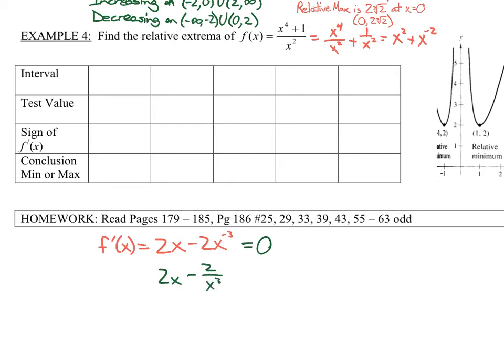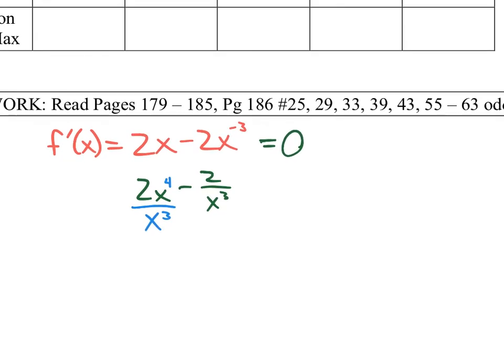I'm going to get a common denominator by multiplying by x cubed over x cubed, which makes an x to the 4th on the top. We can take the 2 out and divide everything by 2, and then it's x to the 4th minus 1 over x cubed equals 0.